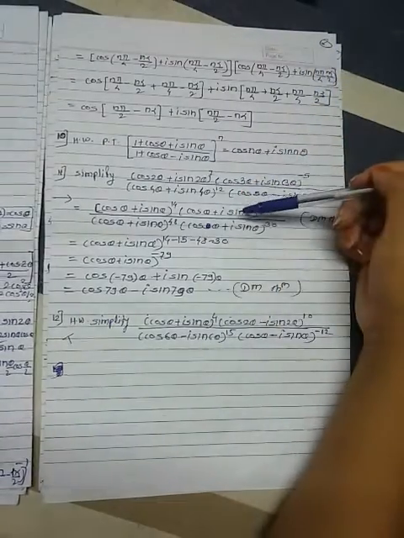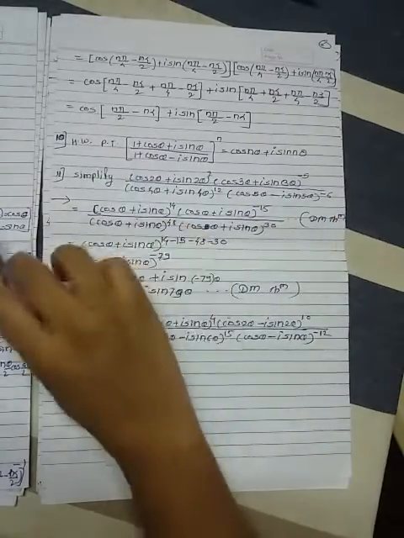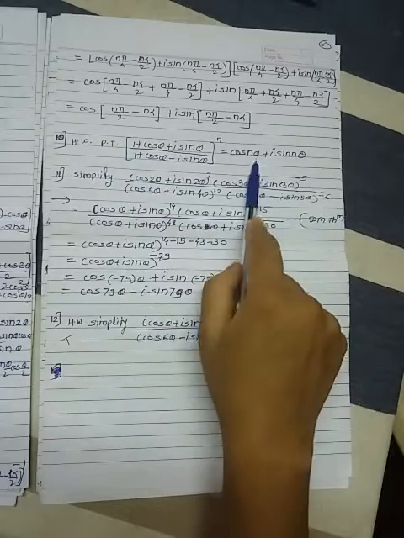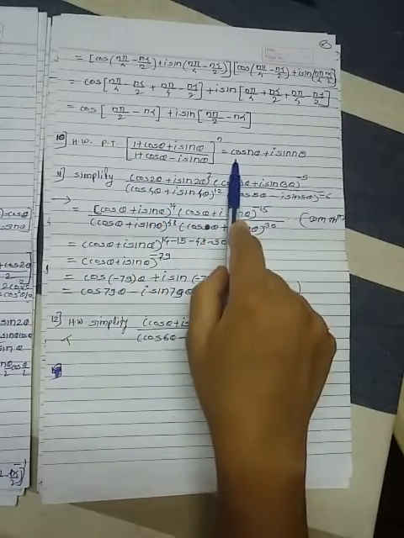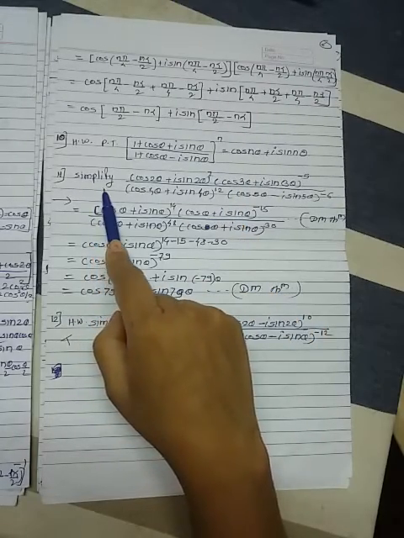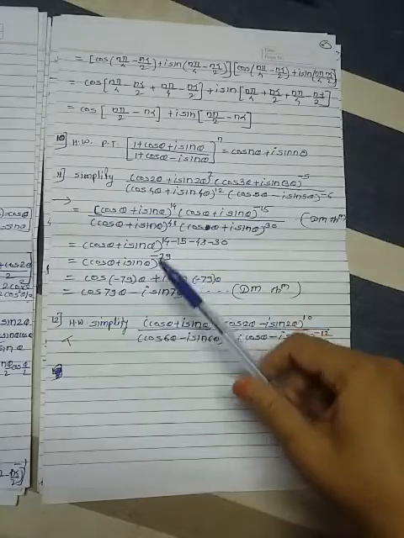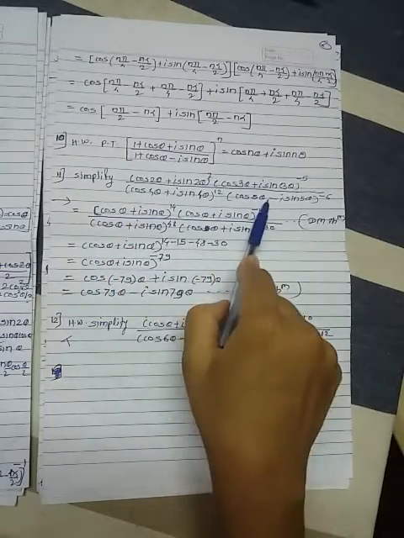Okay, now consider this example. For this example, you can have this as homework, try it at your home. Now consider this next example, simplify. It's the easiest example of this chapter. Simplify this term. What is this term?